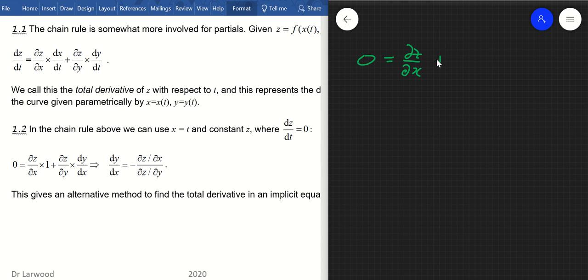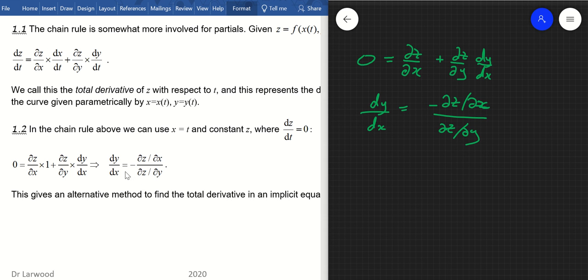Plus dz by dy times dy by dx. And we can make dy by dx the subject by doing subtract dz by dx, divided by dz by dy.